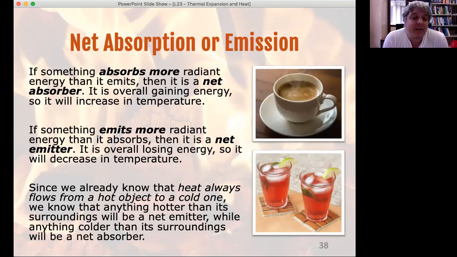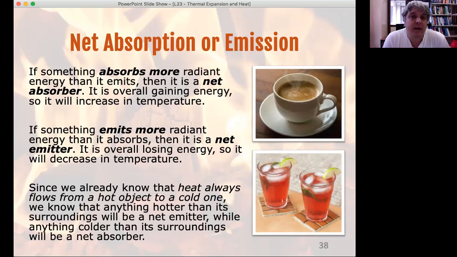We already know that heat flows from a hot object to a cold one, so that tells us that a hot object, by which I mean anything hotter than its environment, must be a net emitter. Radiation will hit the hot thing and it will absorb some, but it will be giving off more because it is hotter. So overall it will lose energy, cool down, and end up at the same temperature as its environment.